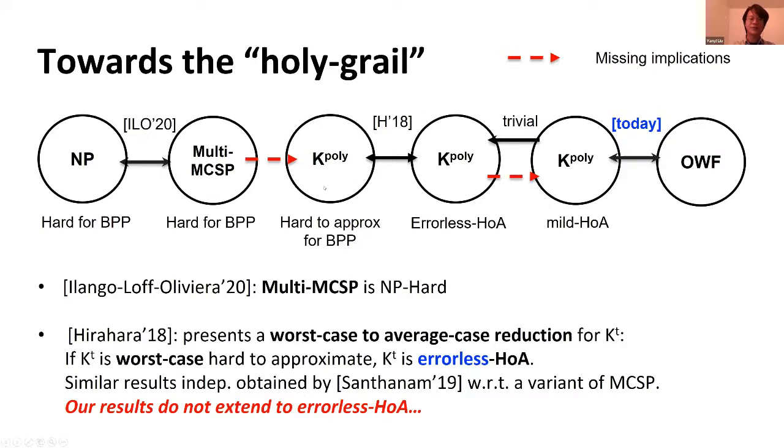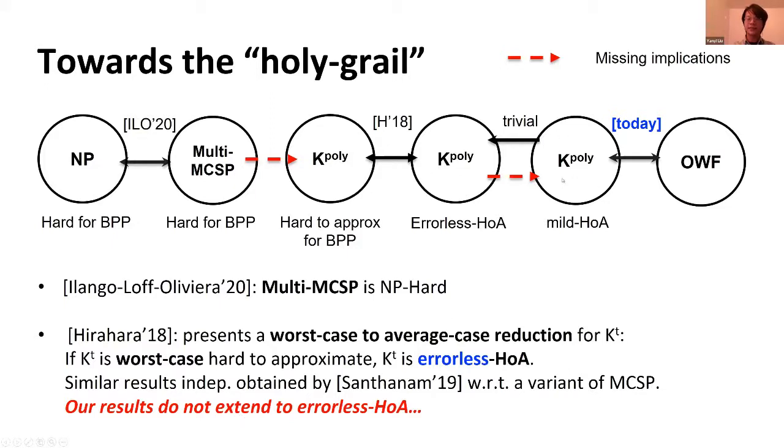So if we assume Kolmogorov complexity is worst-case hard to approximate for BPP, then by Hirahara 18, where he shows if KT is worst-case hard to approximate, then KT is errorless hard on average, we conclude that KT is errorless hard on average. However, our results do not extend to errorless hard on average.